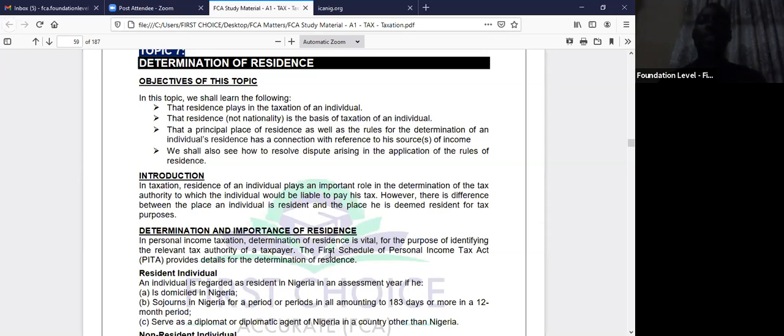Now, the third criterion is if you are a diplomat, an ambassador. That means you must be an ambassador of Nigeria in another country. For example, the ambassador of Nigeria to the United States is a resident individual.